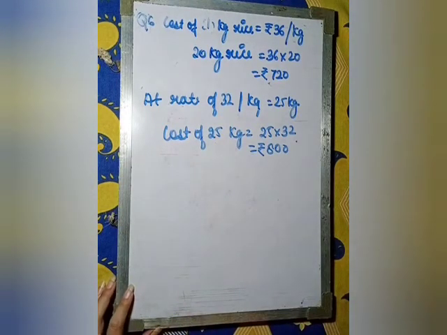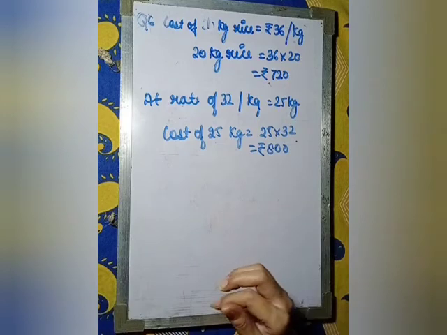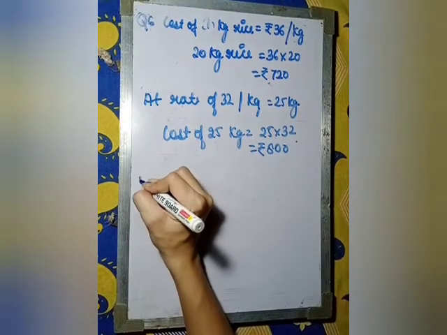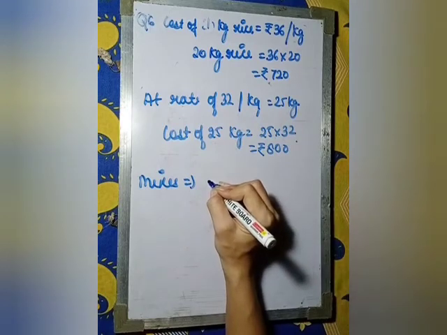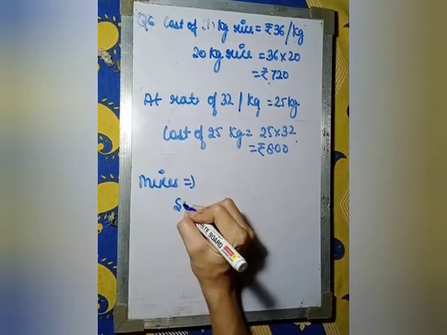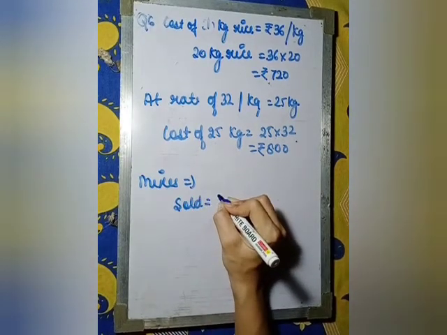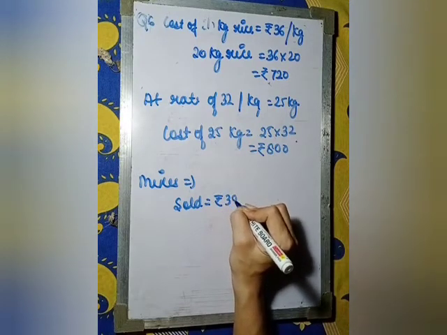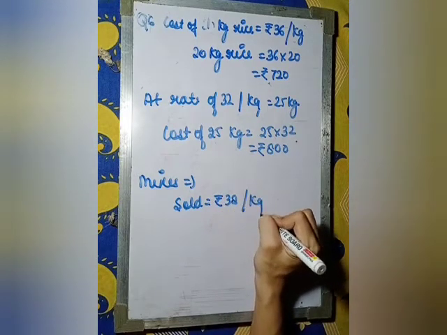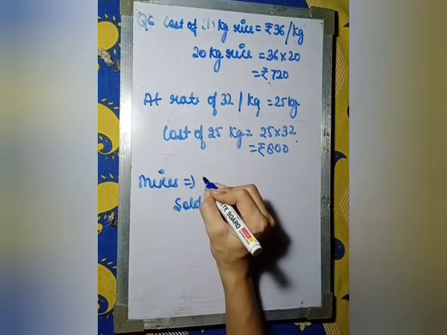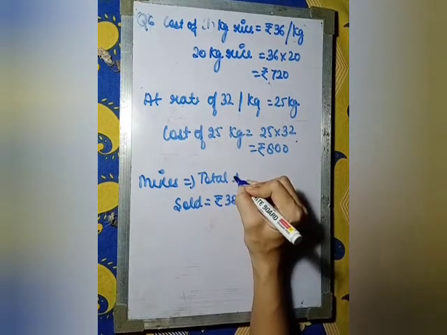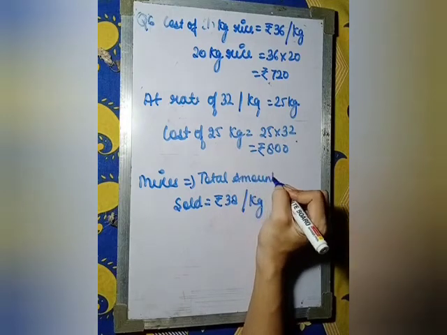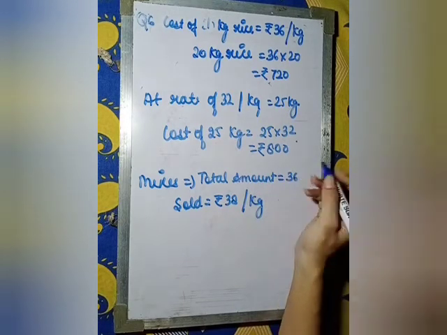Now they are asking, he mixed the two varieties and sold the mixture at 38 per kg. Now see, after mixing, how much will the total amount be?